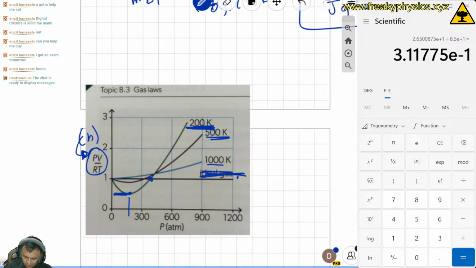Now, ideally, if the pressure keeps increasing, the volume should also increase with it, right? So if you graph the ideal gas for PV over RT, you're always gonna get a straight line. In other words, for an ideal gas, the PV and T would basically cancel each other out.